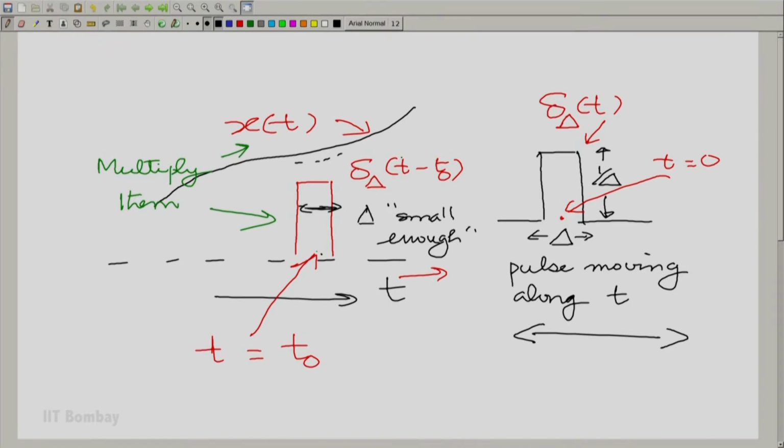And therefore, all that happens when you multiply x of t by delta, capital delta t minus t0 is to capture or to pick that particular value of x of t. Maybe you could think of the value at the center, it does not matter.